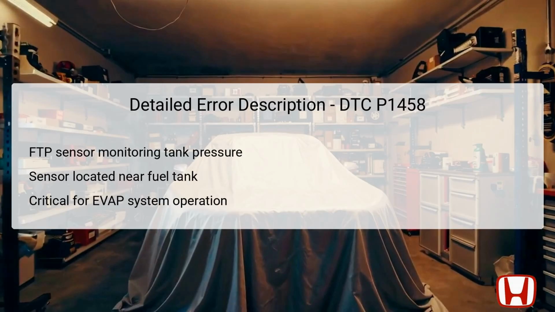The fuel tank pressure FTP sensor is designed to measure the pressure inside the fuel tank to ensure proper functioning of the EVAP system. Located close to the fuel tank, this sensor serves a vital role in determining if the fuel system is sealed properly. The sensor's readings are essential for the ECM to control the emission system effectively. If the FTP sensor detects abnormal pressure levels, it may indicate potential leaks or blockages within the system.